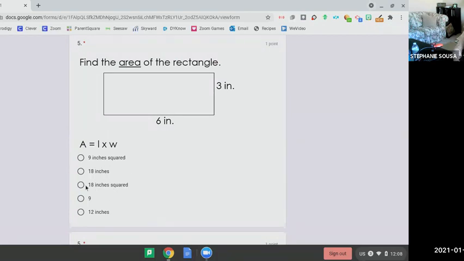So you should have found the answer to be 18 inches squared because 6 times 3 or 3 times 6 is equal to 18. 6, 12, 18, or counting by 3s: 3, 6, 9, 12, 15, 18. Either way, and that squared goes with our area. Any questions on area?